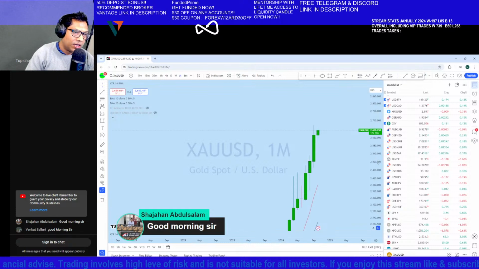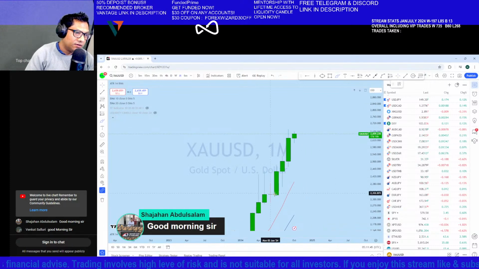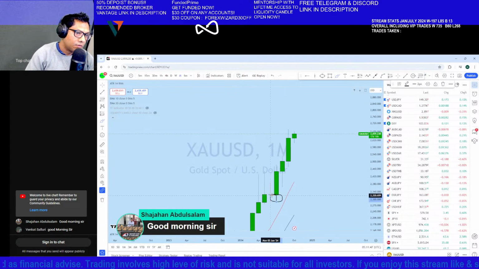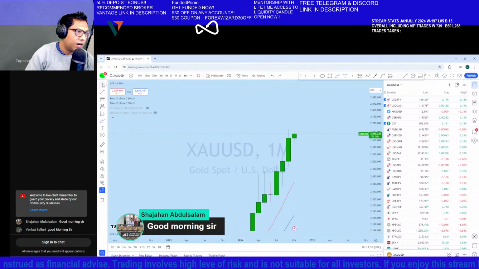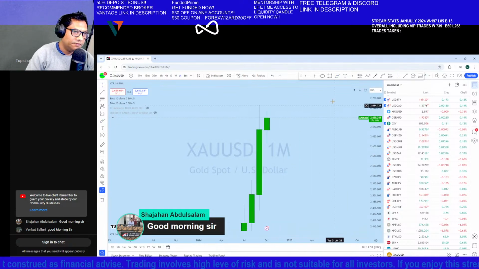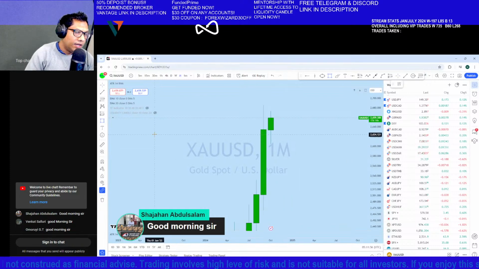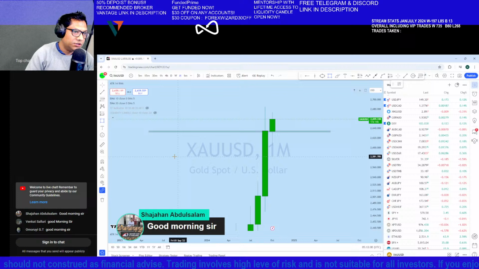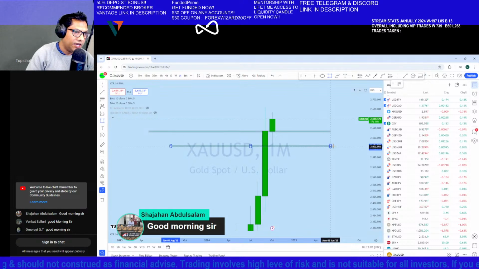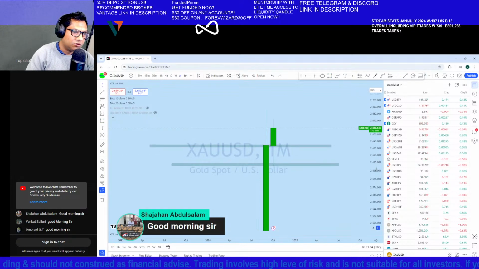From the monthly, we can see that it is a bull market starting from here. This is a massive bull market, and within it XAUUSD dropped to that support level early this month, and then the market again reverted back to the upside.